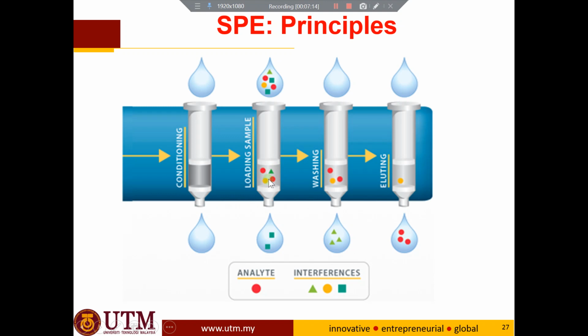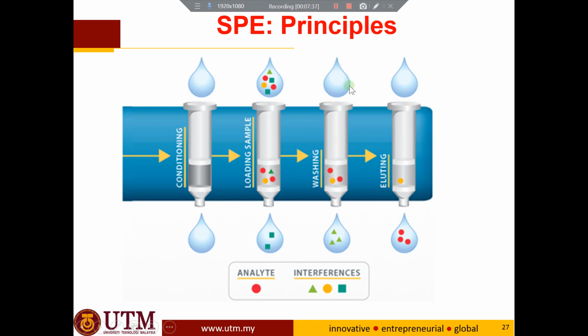But again, because we only load our sample without any other factor except the gravitational force, some other impurities will also be stuck in between the particles over here. So we need the washing process.